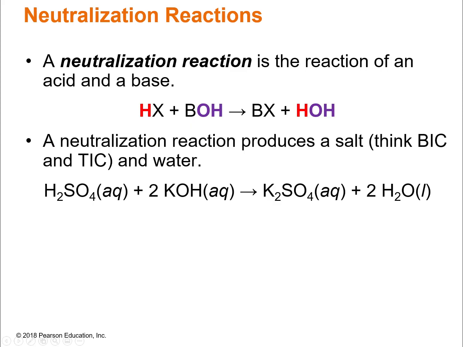Our last reaction type is a neutralization reaction. And be careful here, because these can look a little bit like the double replacement reactions, but they are different. A neutralization is the reaction of an acid and a base.